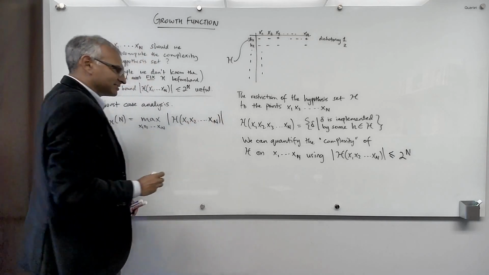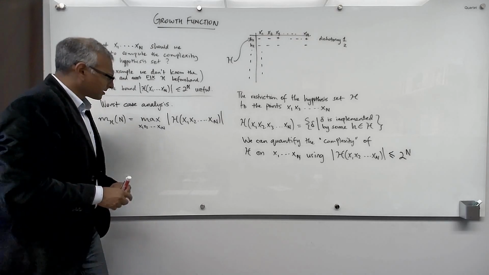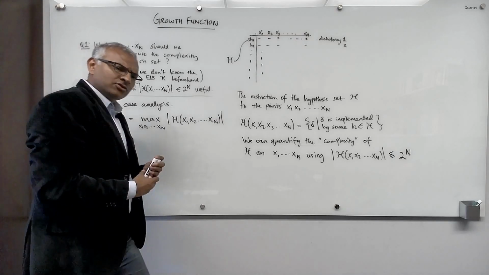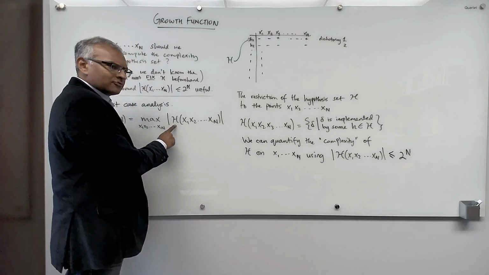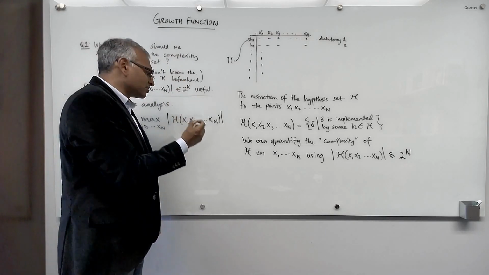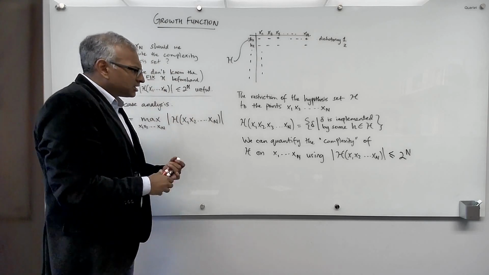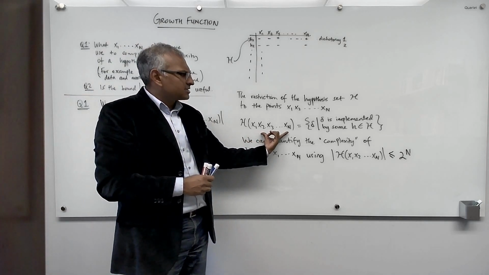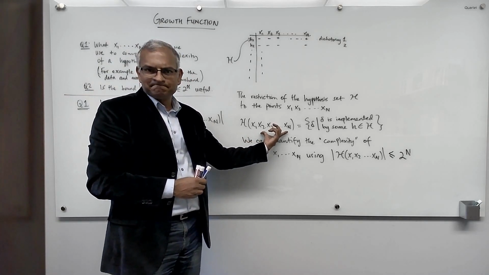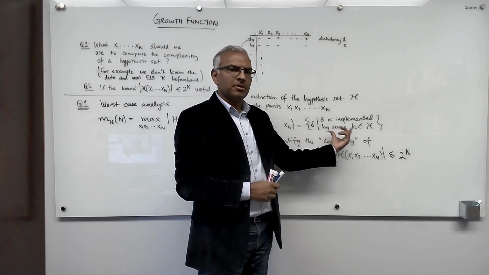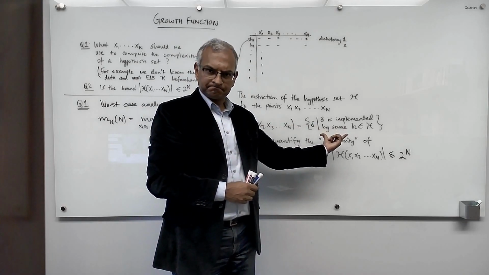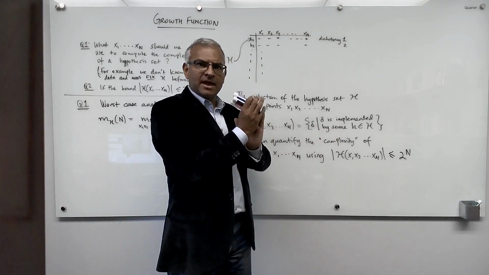Wow, worst case analysis. Let's prepare for the worst. So when we view a hypothesis set and we are asked, what is the complexity of this hypothesis set with respect to a data set of size n, we're going to consider all possible data sets of size n, and look at how many dichotomies this hypothesis set can implement, and then take the maximum.